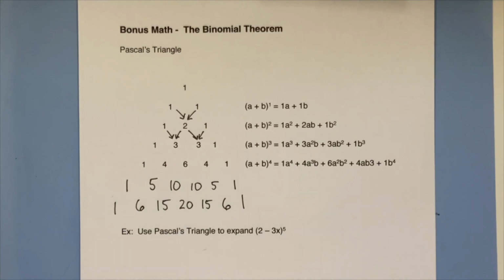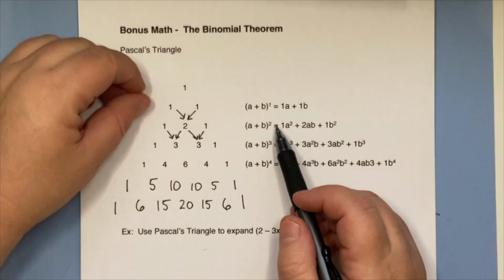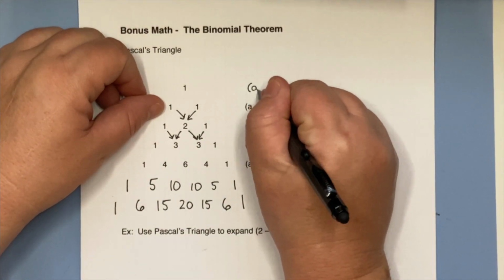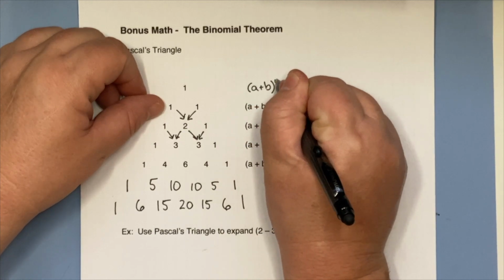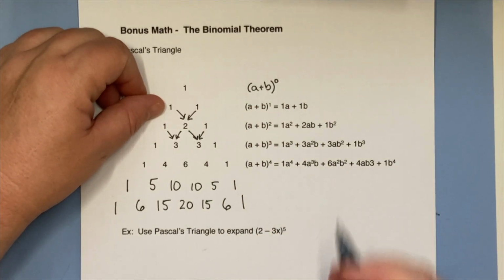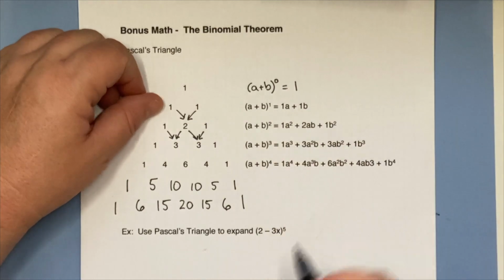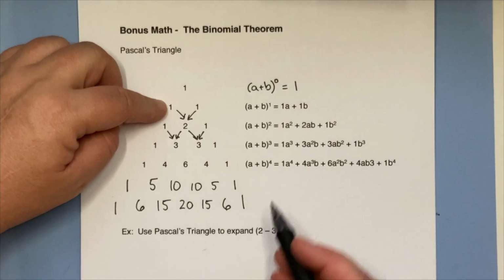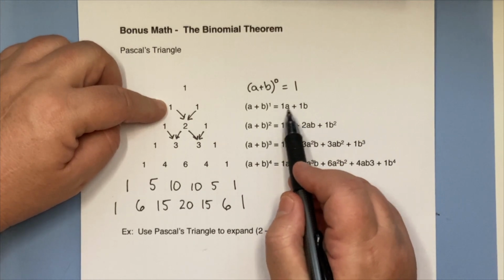So, how does this work? Well, I can include this: a plus b to the 0th power is 1. So that's the very first row. Then a plus b to the first is a plus b.